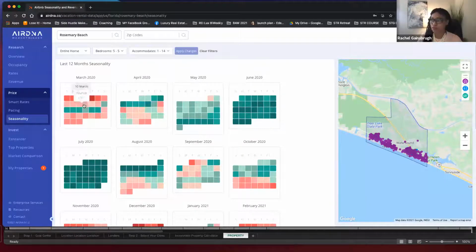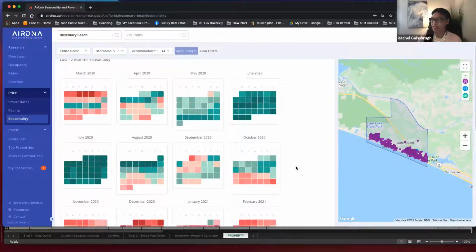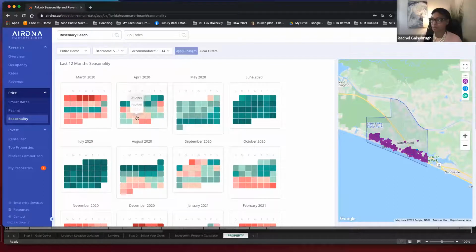So for the month of March, March had the lowest RevPAR based on just first glance. The second lowest looks like either September, October-ish, but May, June, and July had the highest. And so April seems like things start picking up around April. Use your strategies.